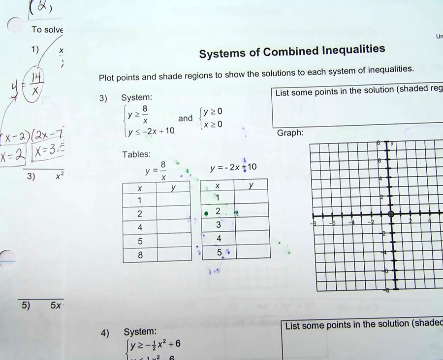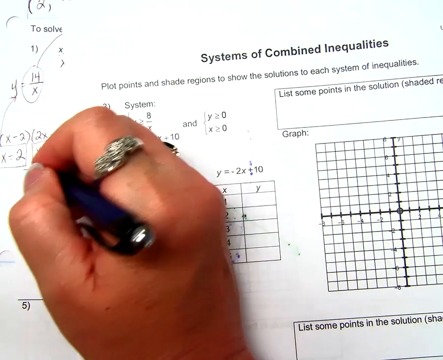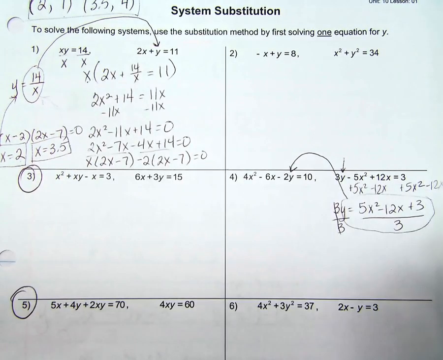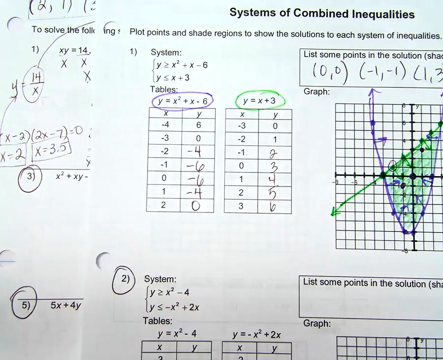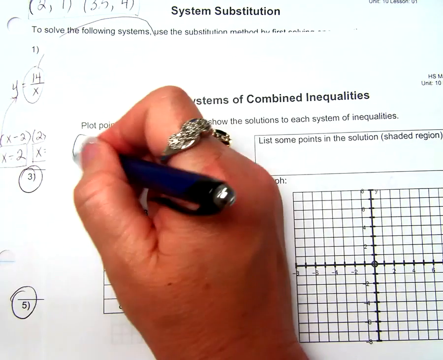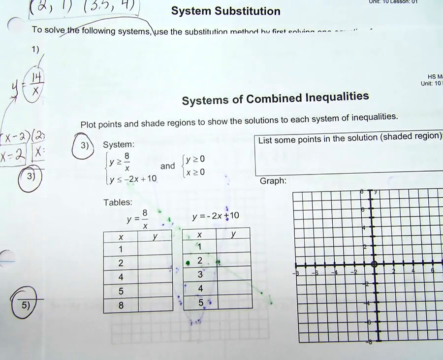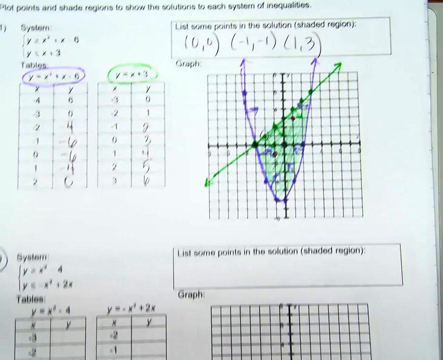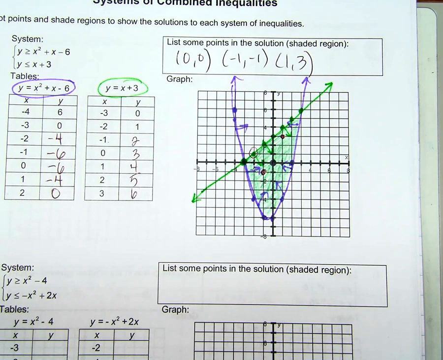So you're doing 3 and 5 on system substitution, and 2 and 3 on combined inequalities. What does that mean about the rest of them? They are extra credit if you choose to do them. Okay? Are there any questions? You can always come by to your tutorials to see me if you have any questions, correct? Any questions?